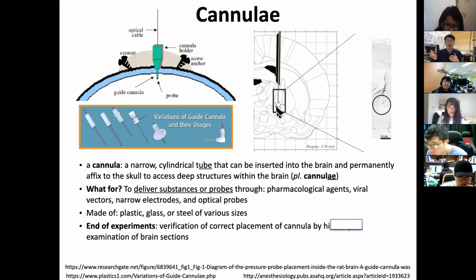I want to inject viral vectors. For example, I want to have a calcium indicator in specific neurons in the brain, such as this area.